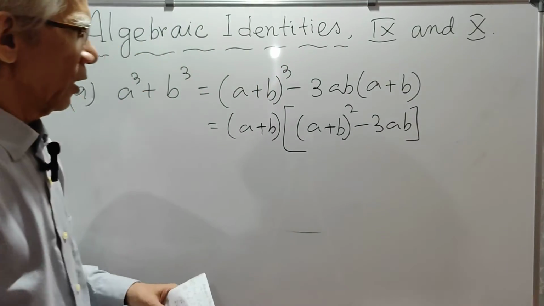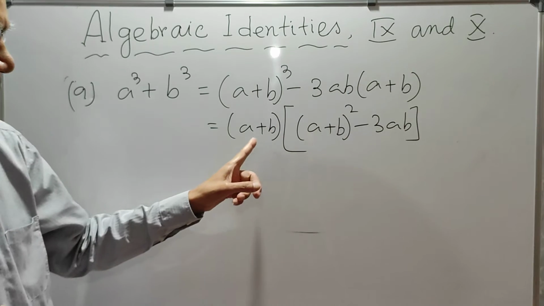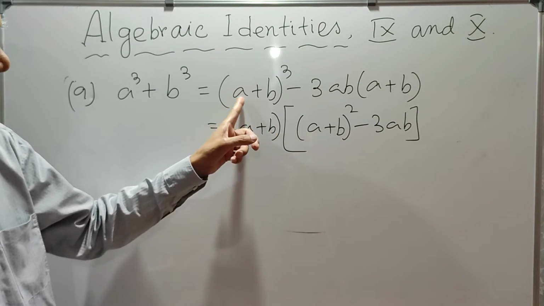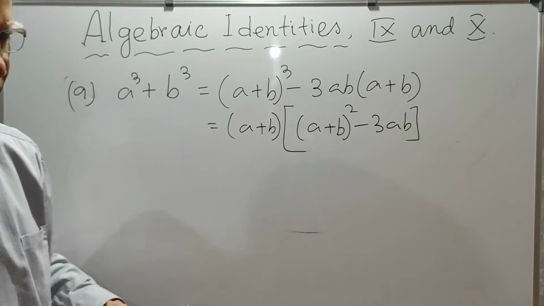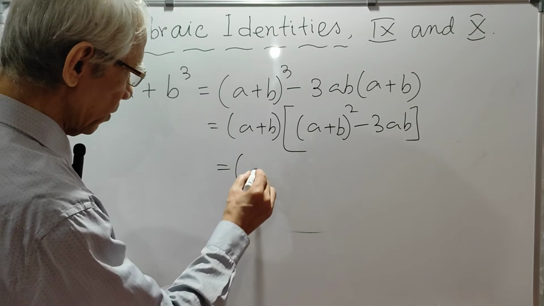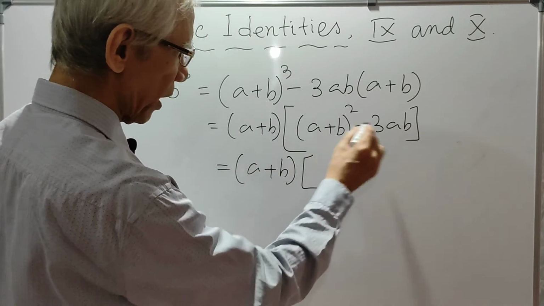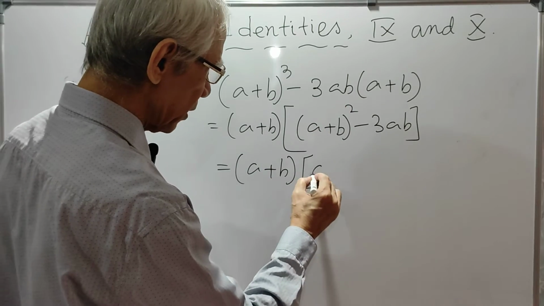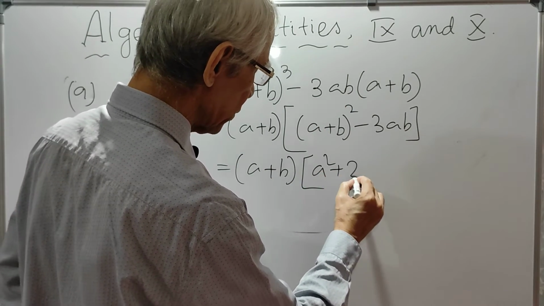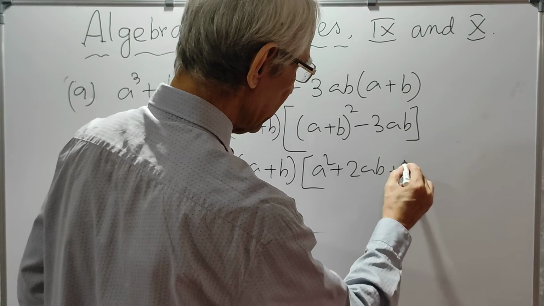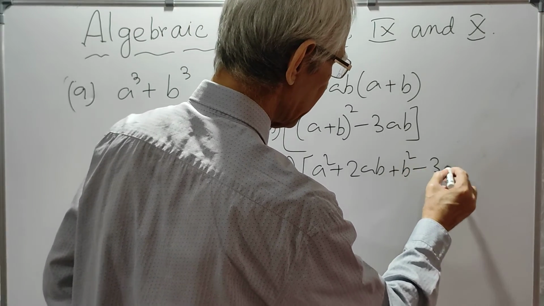So a plus b common outside the bracket, then inside the bracket (a plus b) whole square minus 3ab. Now that is equal to (a plus b) times the bracketed part, (a plus b) whole square formula, a square plus 2ab plus b square, then minus 3ab.